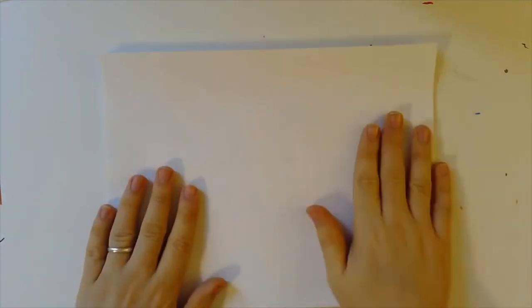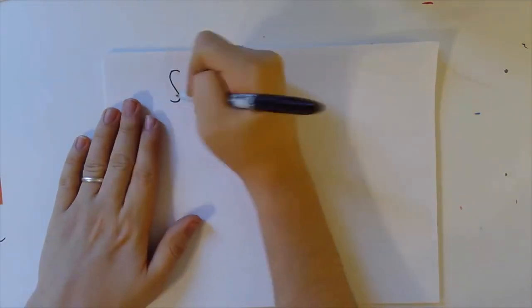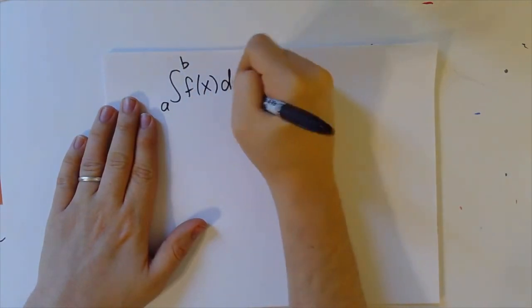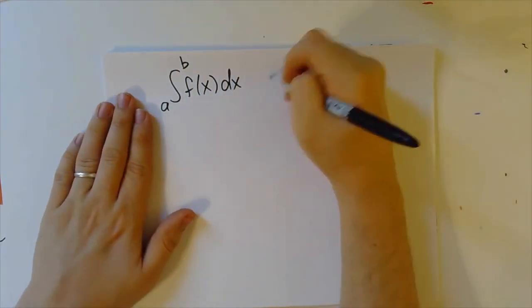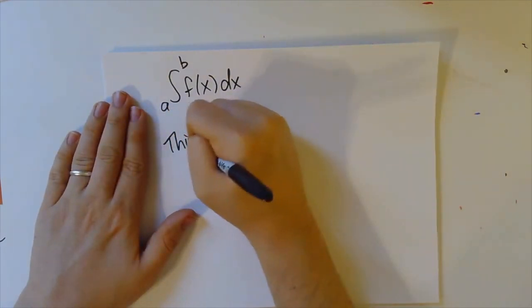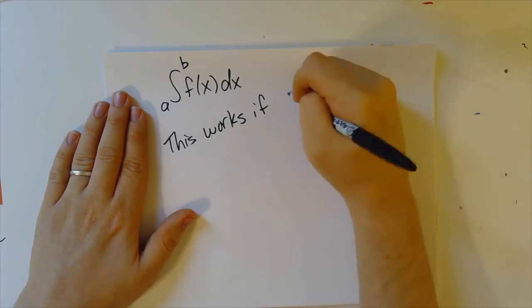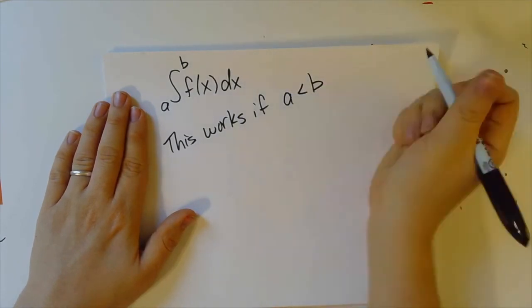That's something that I've done every time so far, and you might or might not have noticed. Everything we've said so far works when you consider a definite integral that looks like this, if a is less than b.